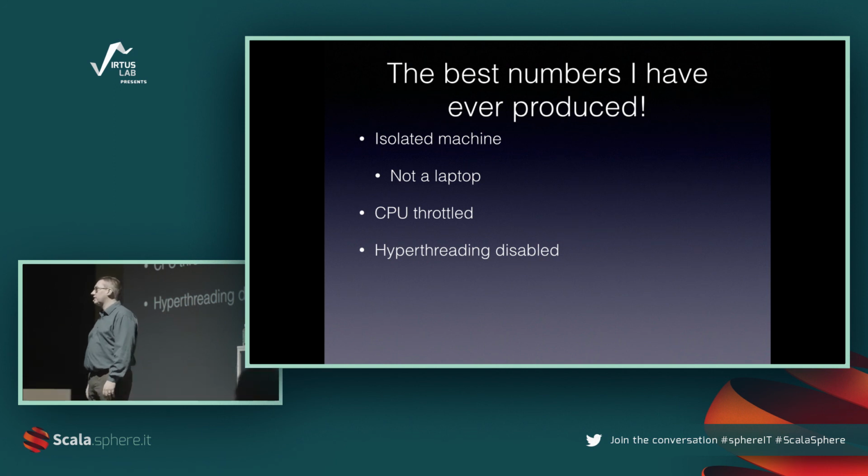ScalaZ Deriving is planning on doing that already. You can only do that if you have type class coherence globally in your entire system.